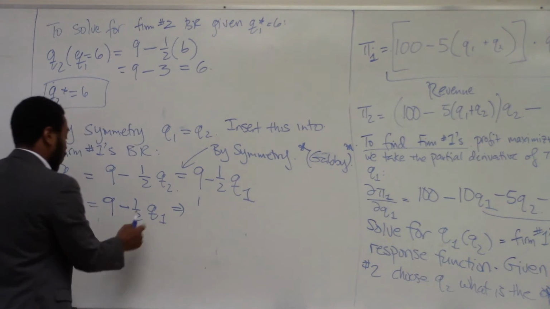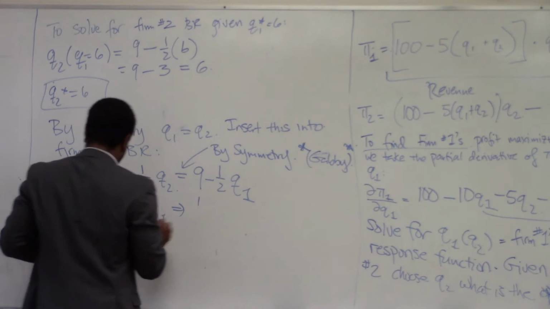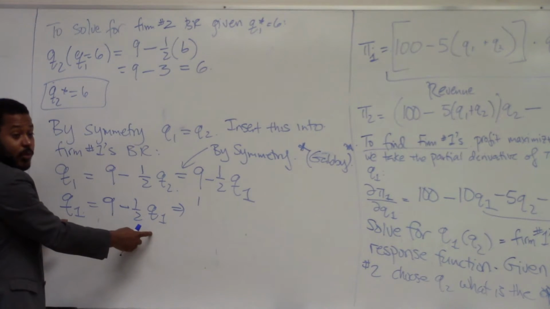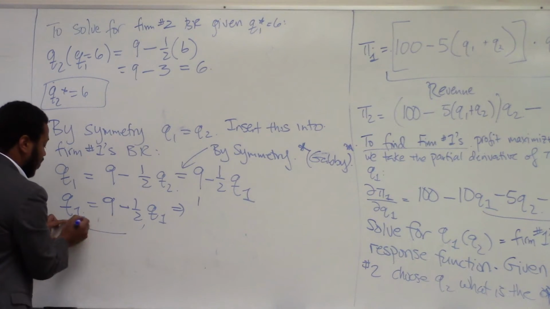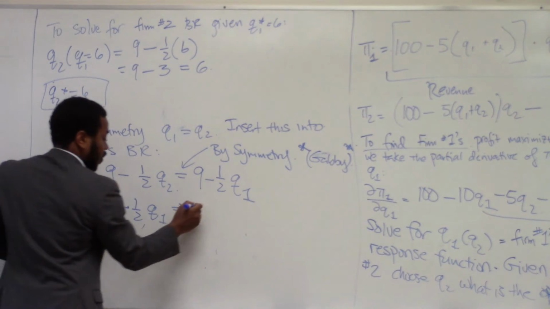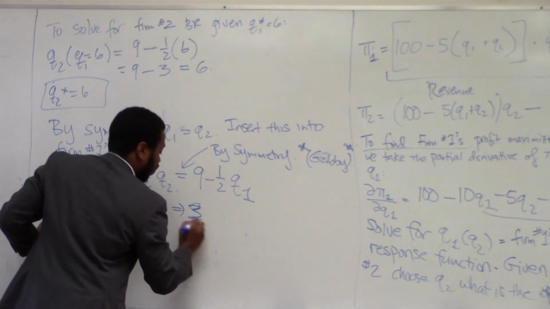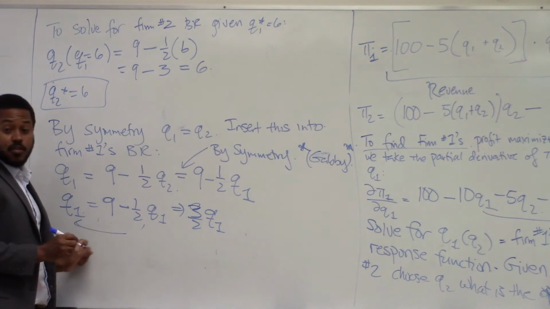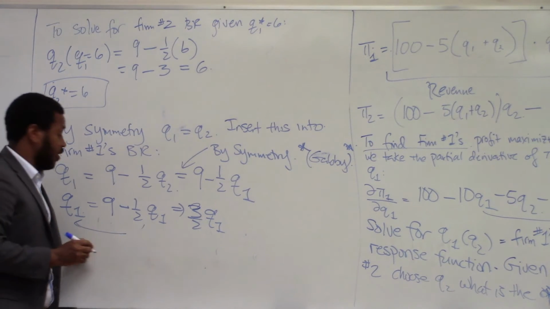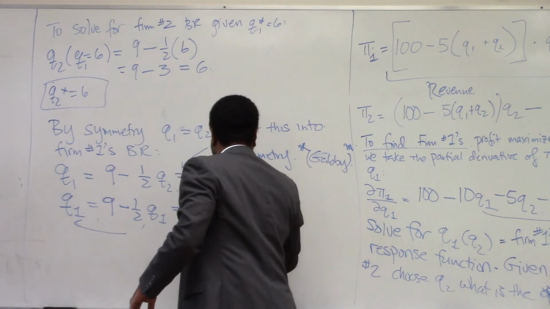Okay, good. So when we take this over here, what we're going to get is Q1 plus a half Q1, which is going to be what? We're going to get 3 halves Q1 because we take this to the left-hand side here. Everybody follow that? 3 halves Q1 is going to be equal to 9.